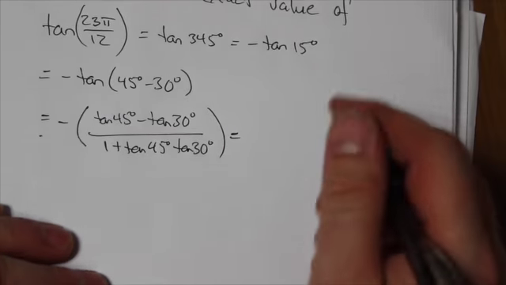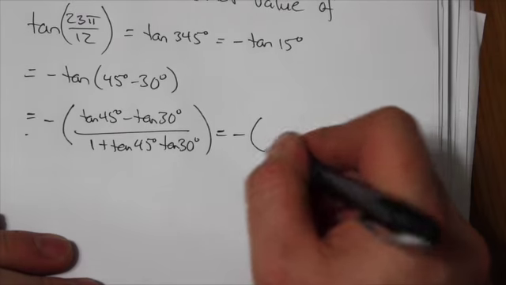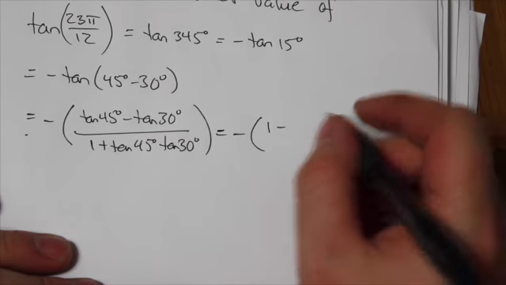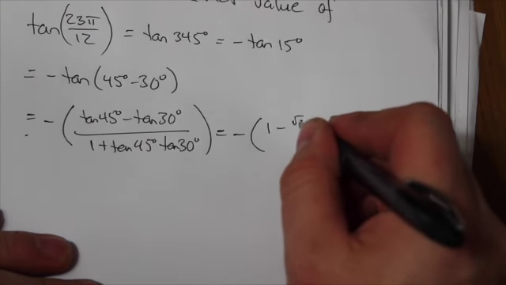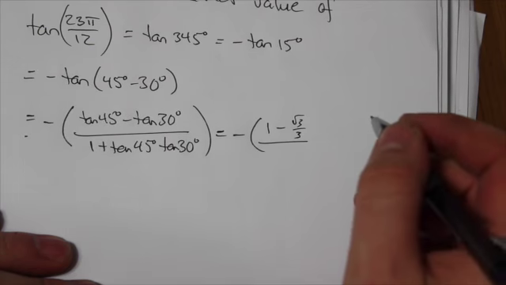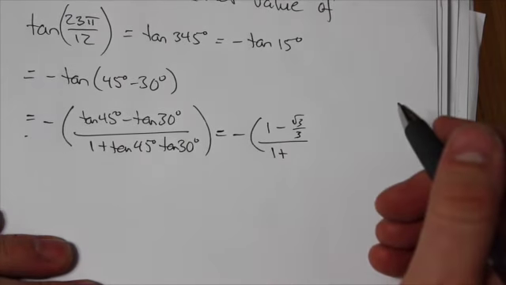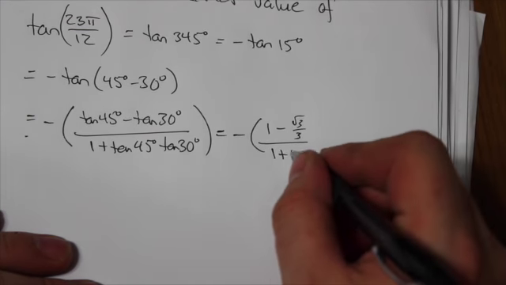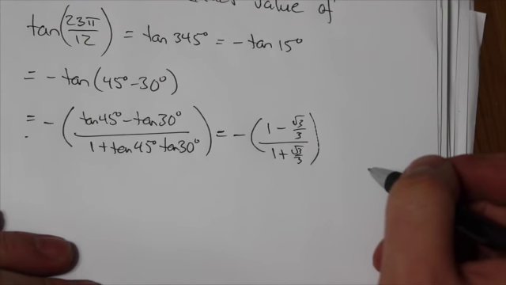Fortunately, I know the unit circle, so I can write this as negative 1 minus root 3 over 3, all over 1 plus root 3 over 3, since tangent of 45 is 1 and tangent of 30 is root 3 over 3.